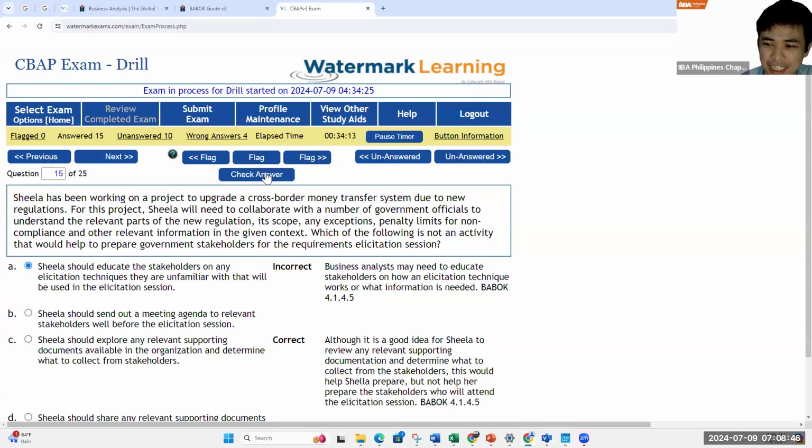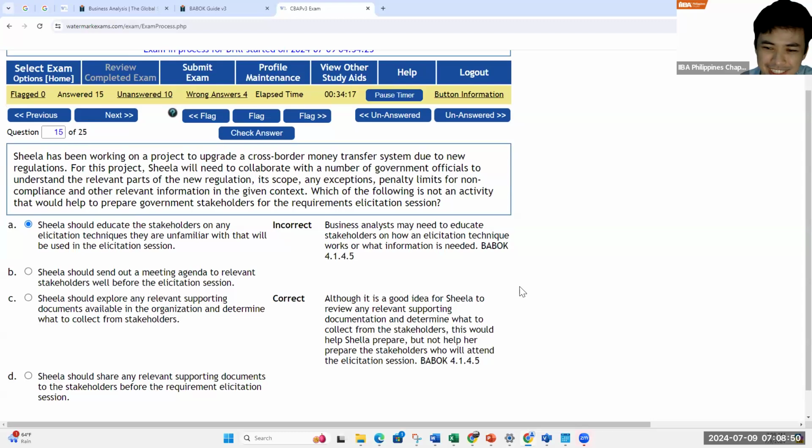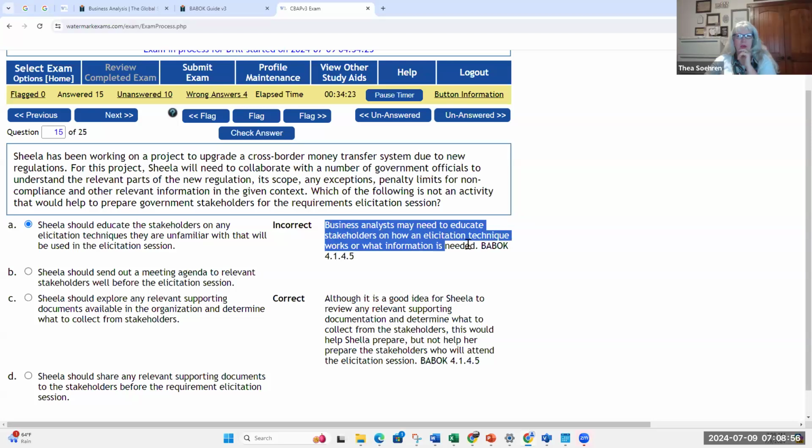It's C. Well, Fate, you were right about B and D. But this looks like it's agreeing with A. Need to educate stakeholders. Which of the following is not an activity? Sheila should.